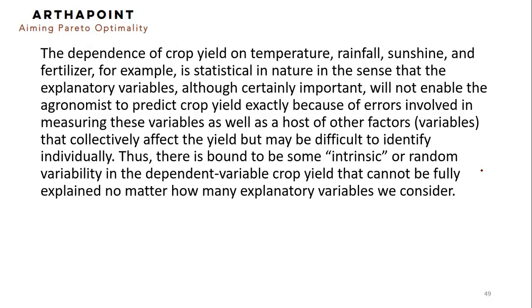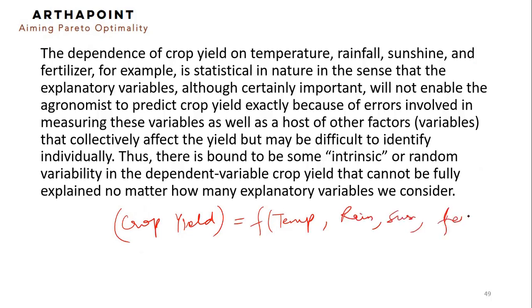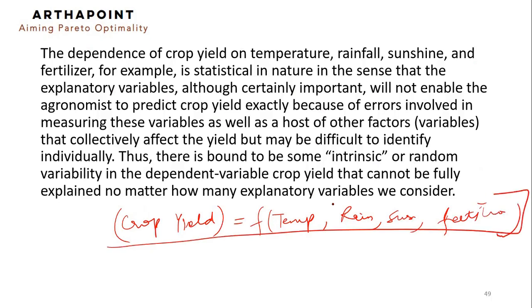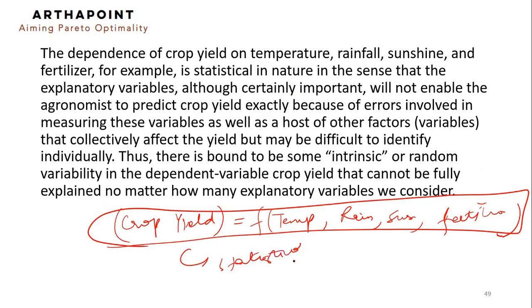For example, let's say that I want to talk about crop yield. And I tell you that crop yield is a function of temperature, rainfall, sunshine, fertilizer, etc. This relationship is a statistical relationship. Why?